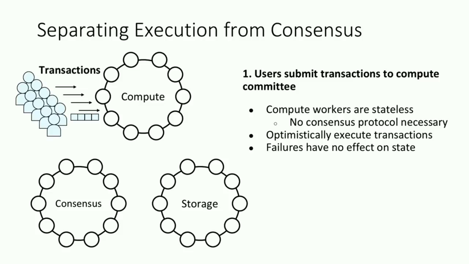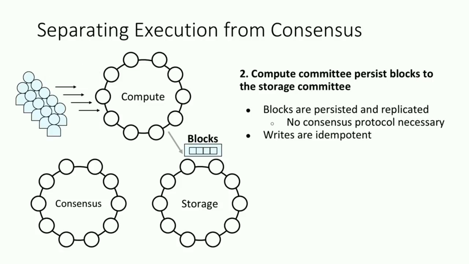In this case, the failures have no effect on the state. And the states are persisted to the storage layer, where the blocks are persisted and replicated. Again, no consensus protocols are necessary, and writes in this case are idempotent.